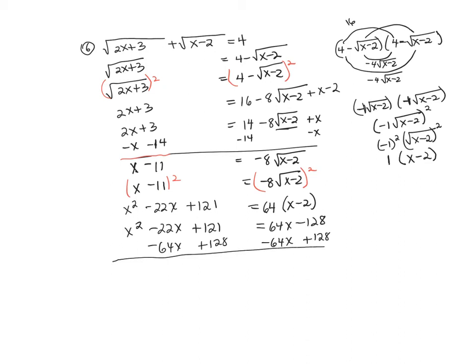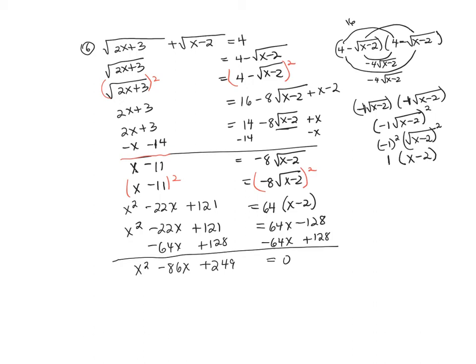And we end up with, oh, okay, I lost it somewhere. x squared minus 86x plus 249 equals 0.